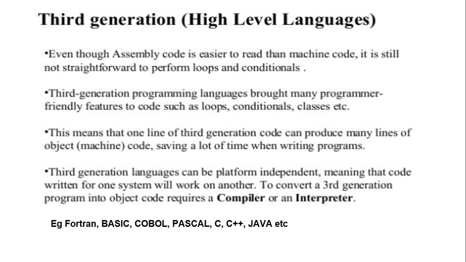Earlier I said that assembly language is easier than machine language, and now I'm saying that high level language is easier than the machine language. So what is the difference?